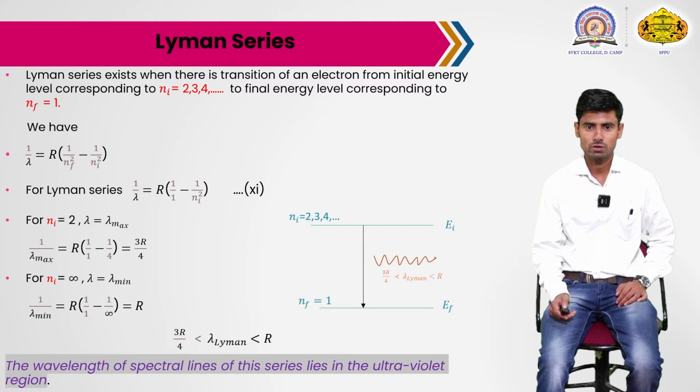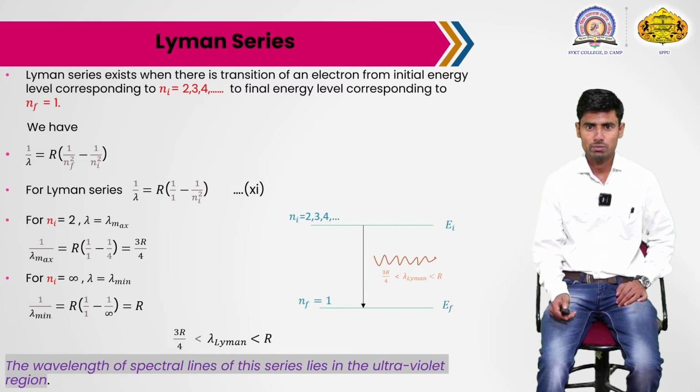So I can write the equation for the wave number as 1 by lambda max equals R times 1 minus 1 by 4, which comes out to be 3R by 4. And from this result you can find the maximum wavelength for the Lyman series.